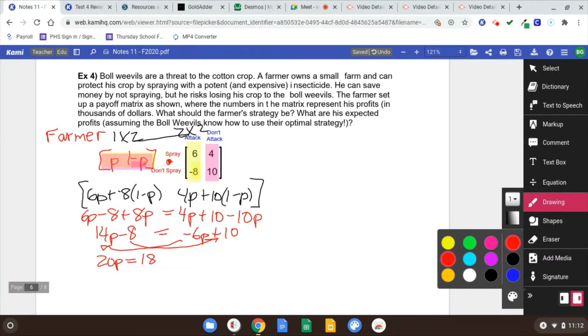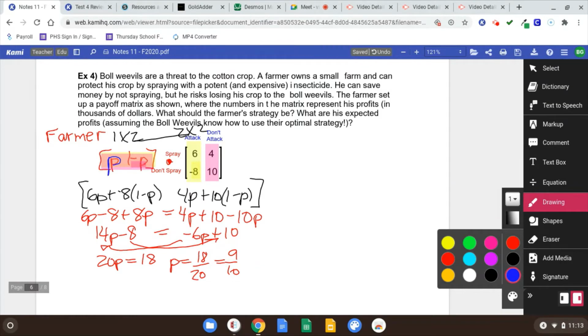So p equals 18 over 20. But that reduces to 9/10. P equals 9/10, and that's this number right here, right?